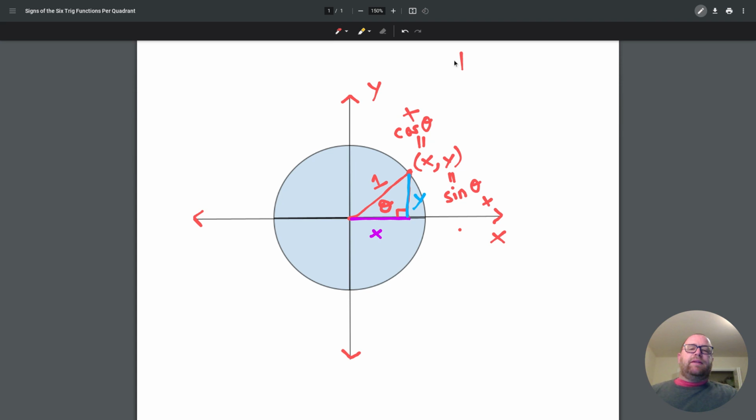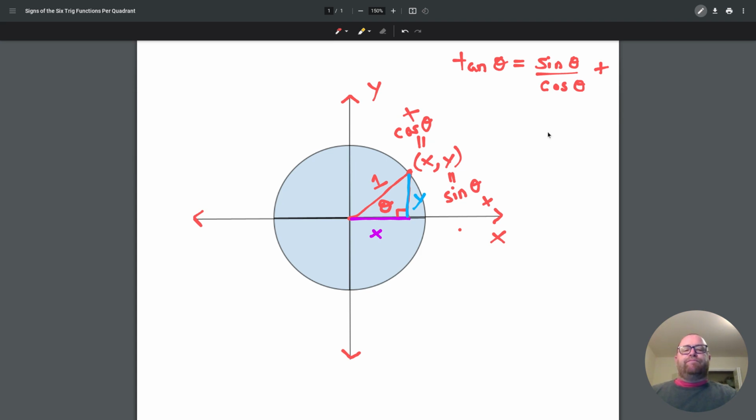And we can say that the tangent of theta is equal to the sine of theta divided by the cosine of theta. So that's positive.